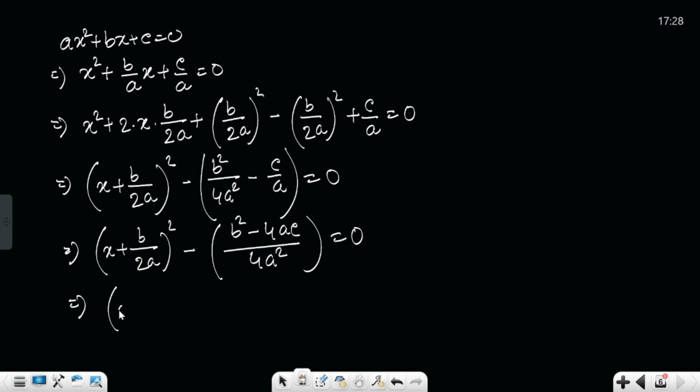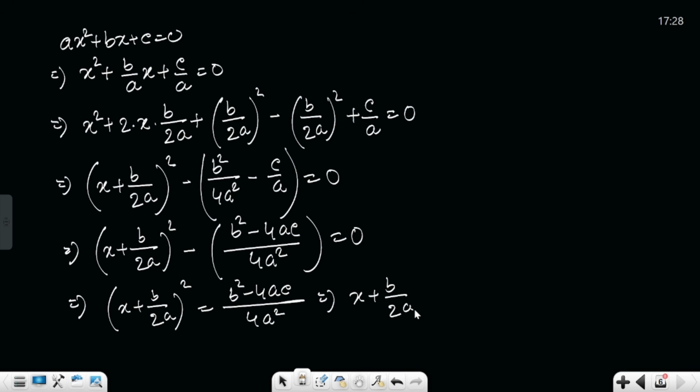So we can write (x + b/2a) whole square equal to (b square minus 4ac) upon 4a square. Now, if we root both sides, this will be x plus b by 2a equal to plus minus root of (b square minus 4ac) divided by root of 4a square, which is 2a, right?